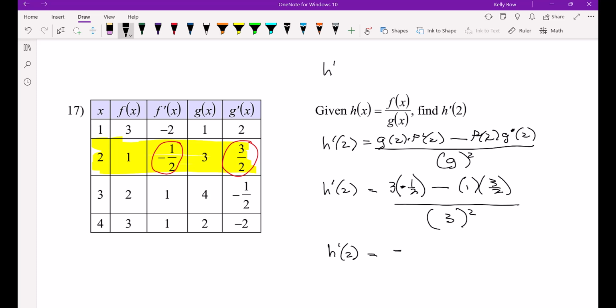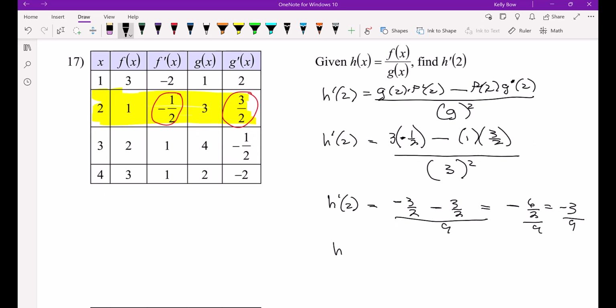So we've got -3/2 subtract 3/2. Well, that's going to be -6/2, which is -3, all over 9. And then 9 can be simplified. So the instantaneous velocity, or h prime of 2, is -1/3.